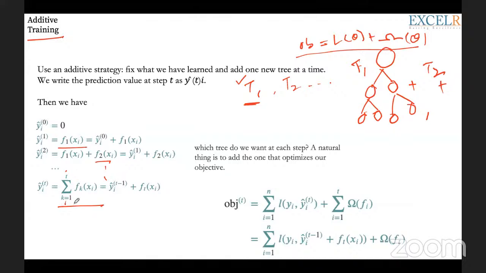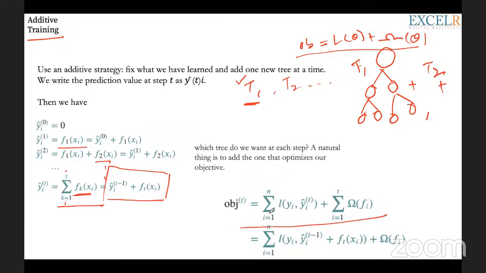So we are adding all these models, which I can represent like this: y hat of t minus 1 plus ft of xi. This is what we get when we add multiple trees. Now this formula will replace in the loss function here.